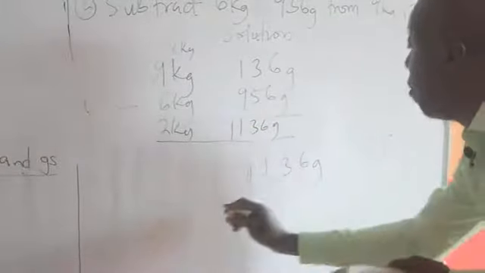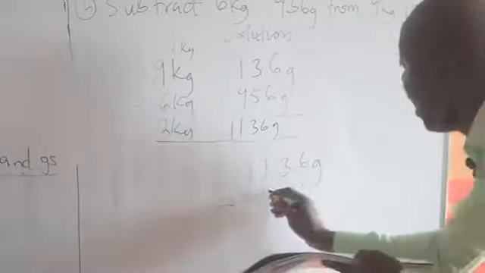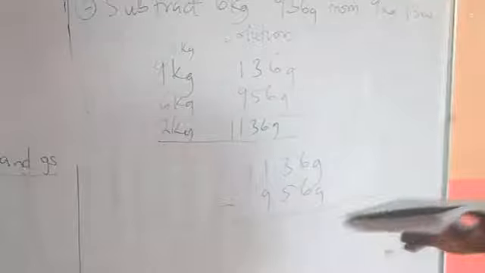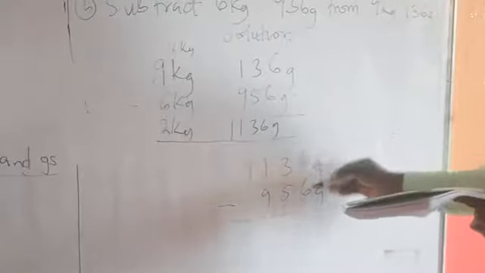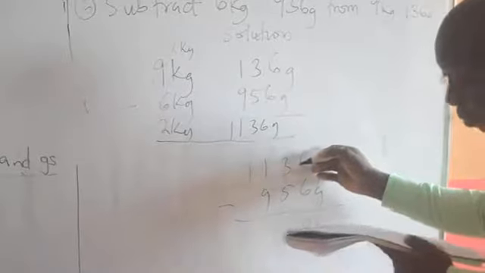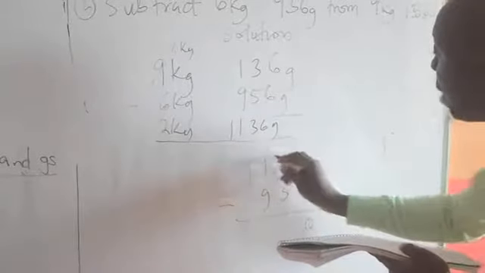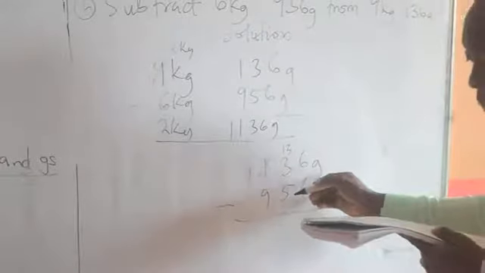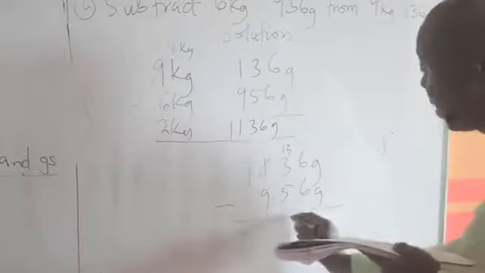1,136 gram minus 956 gram. So we'll have 0 minus 6 will give us 0. 3 minus 5, it cannot, we'll borrow 1, we'll have 13. 13 minus 5 will give us 8.